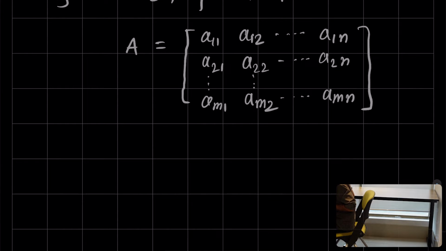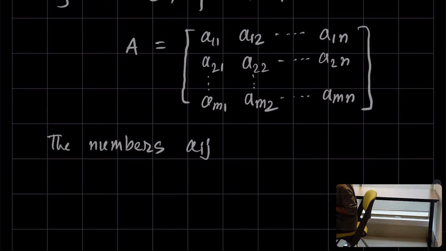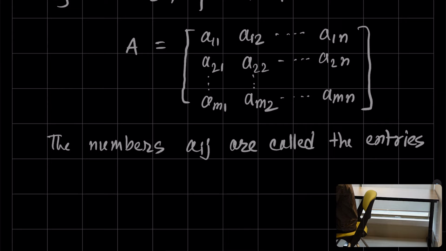What are these subscripts of A? These are the indices of the elements. The numbers Aij are called the entries of this matrix.